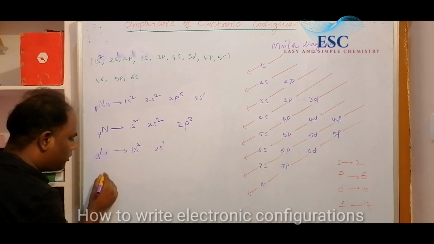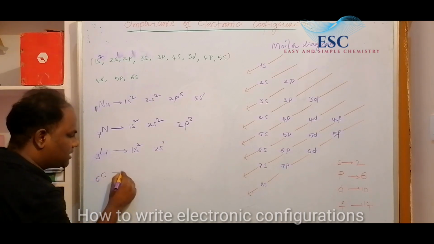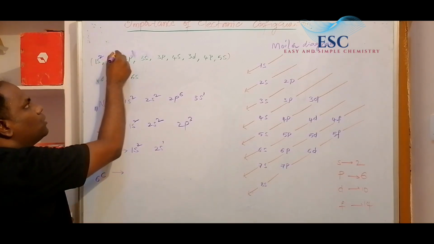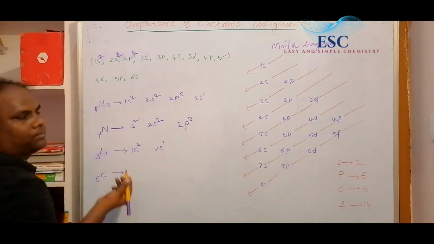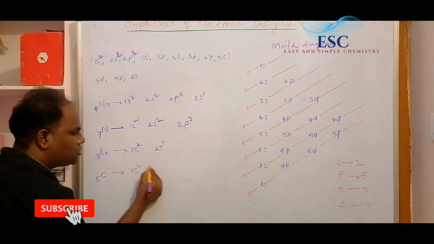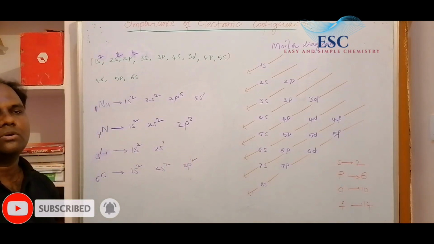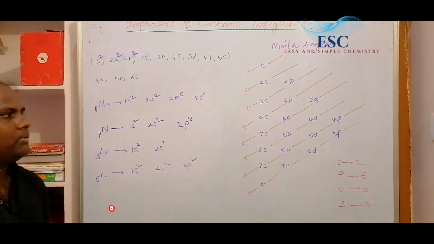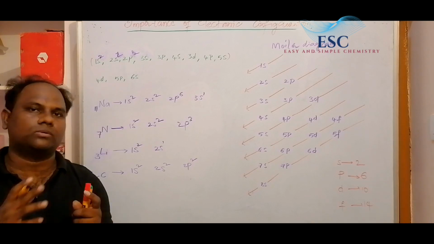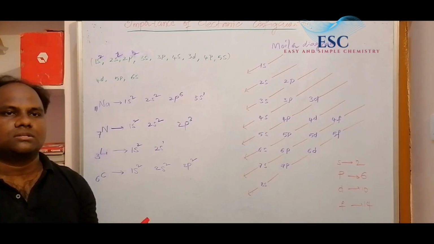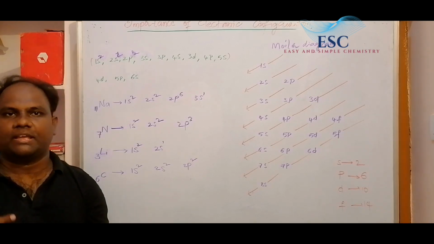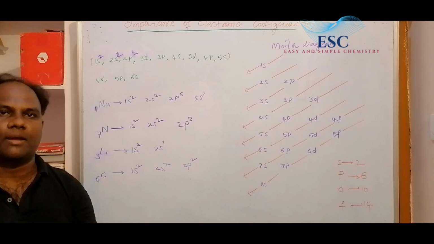Then another example, carbon, 6. Six means 1s2, 2s2, 2p2. So this is a simple way to explain how to write the electronic configuration. This is the most easy and very important topic in inorganic chemistry.